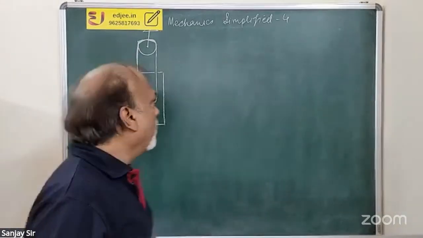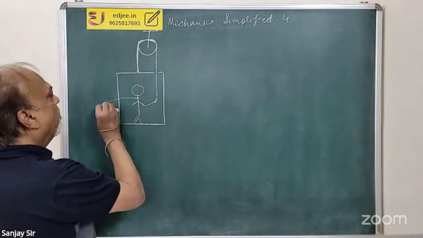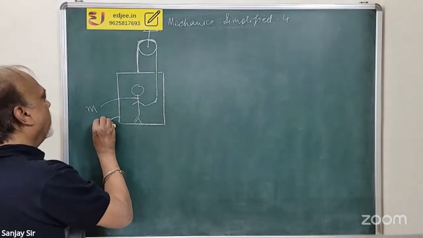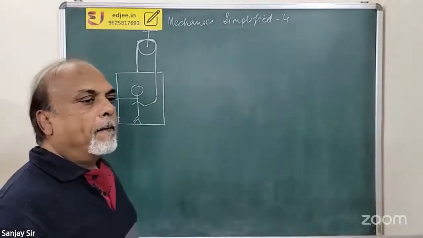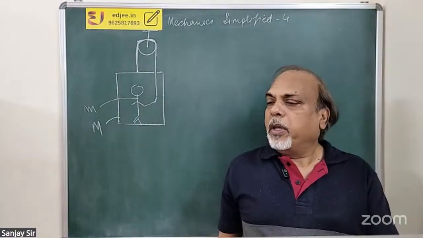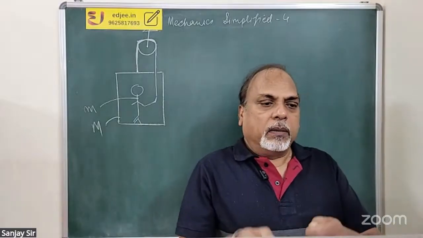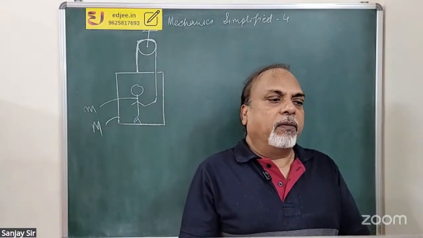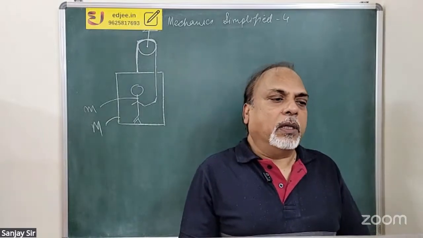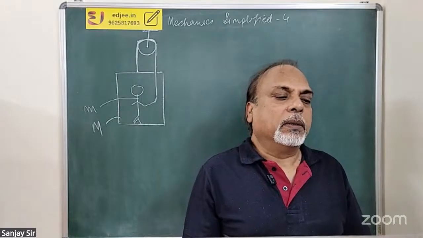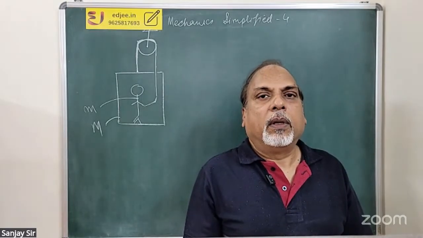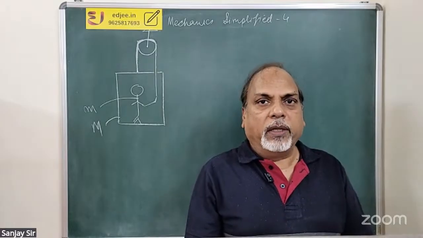Mass of the man is m, and mass of the trolley is capital M. Now, he is just pulling the cable to keep himself in the equilibrium position. Correct. He is just holding the string.